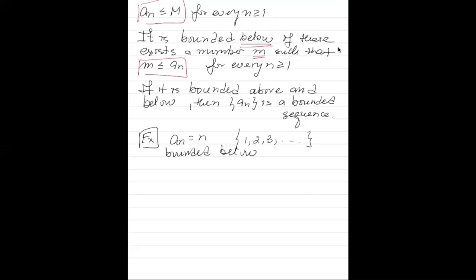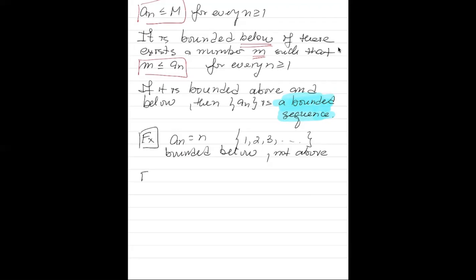By 1, by 0, but not above, because it goes on to infinity. So it's bounded below, not above, so it is not a bounded sequence. To be a bounded sequence, it has to be bounded above and below.